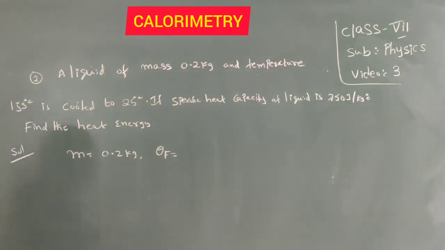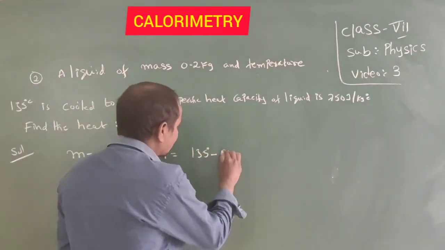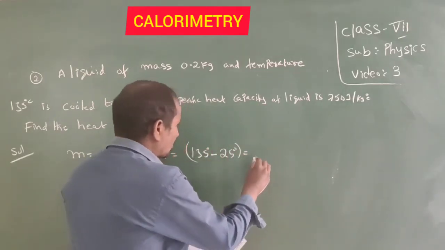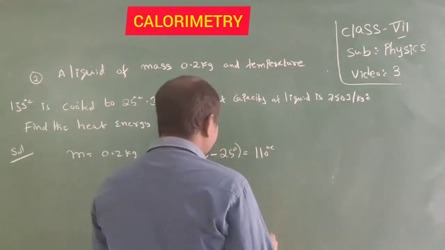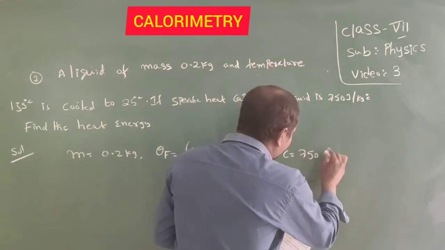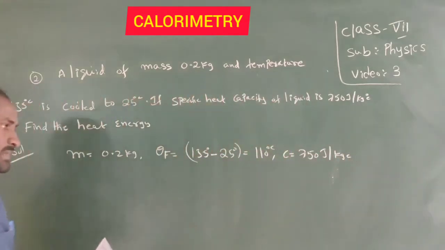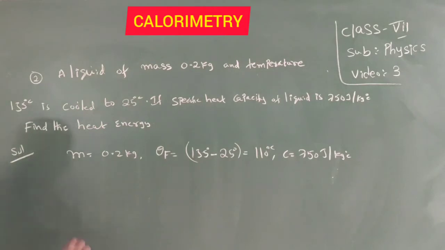Next fall in temperature equal to 135 degrees Celsius minus 25 degrees Celsius, that equal to 110 degrees Celsius, and the C is given, that equal to 750 joule per kg Celsius.